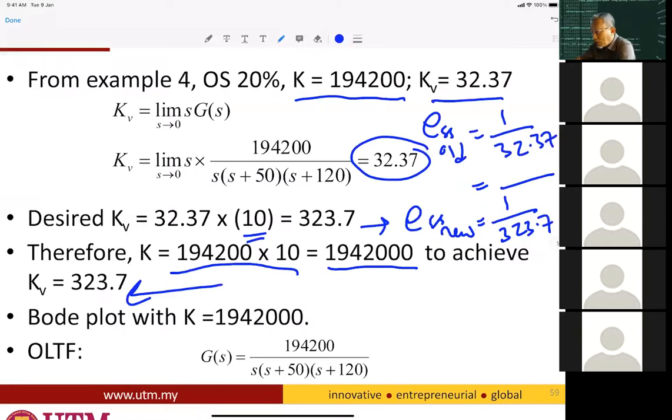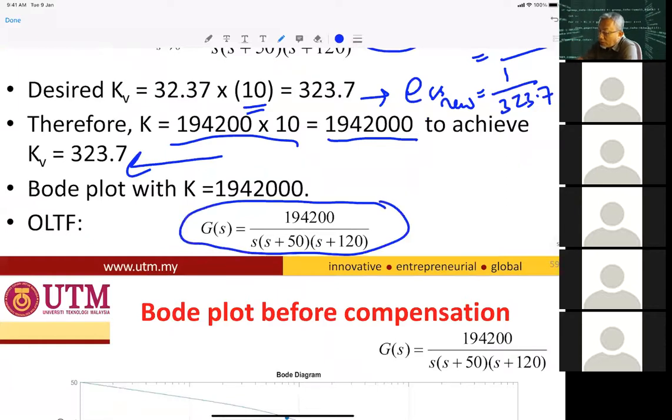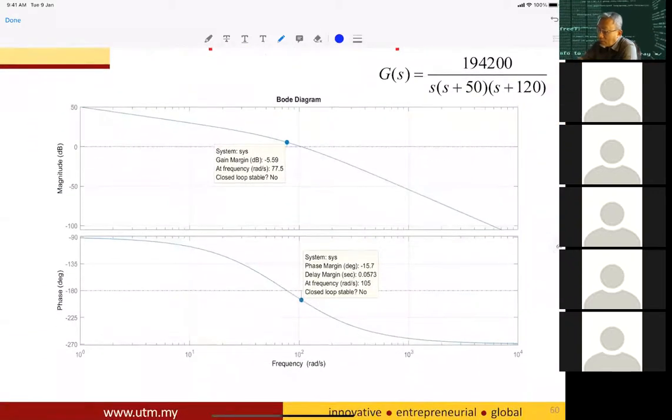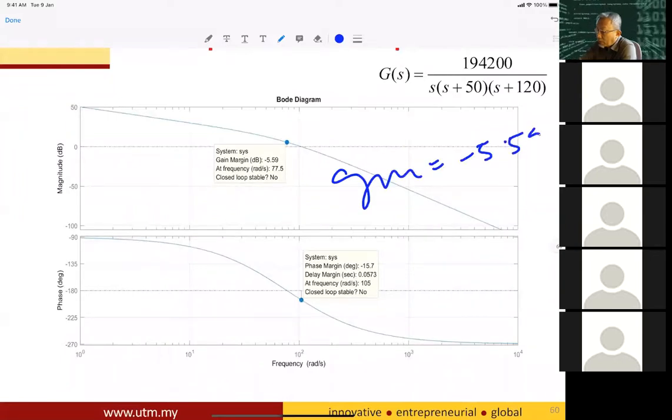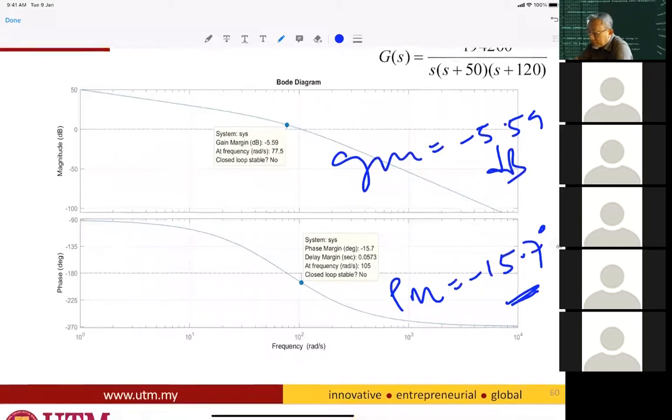So we plot. At the end, this plot will be given; you don't have to plot, they will give you this plot. And you observe the values: the gain margin is minus 5.59 decibels and the phase margin is minus 15.7 degrees, which is unstable.